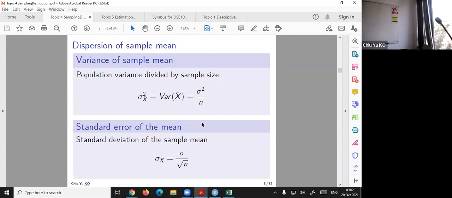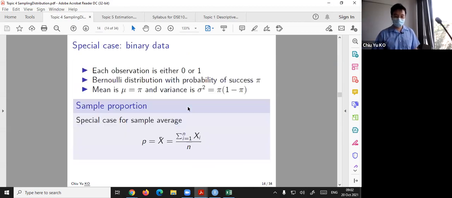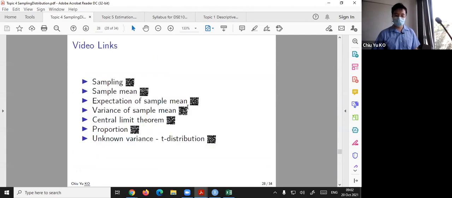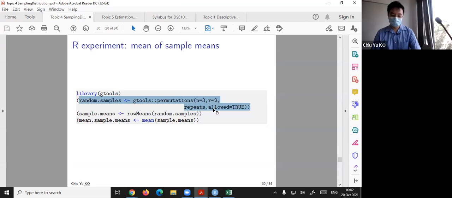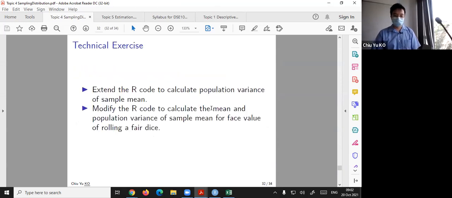The next thing I want to show you is a little bit more fun. Of course, what we have been covering is technical, so if you don't fully follow, it's fine. You can just run it by yourself. So modify the code to calculate the population variance and to calculate this.